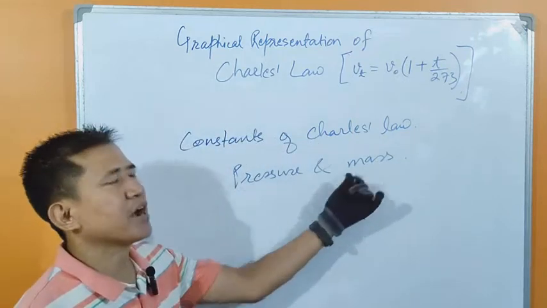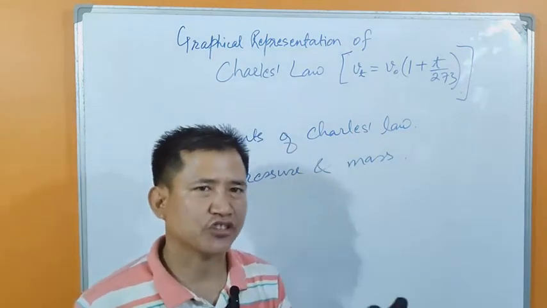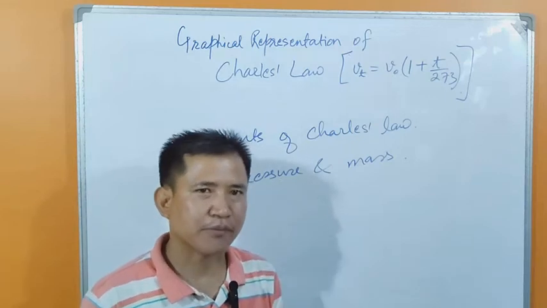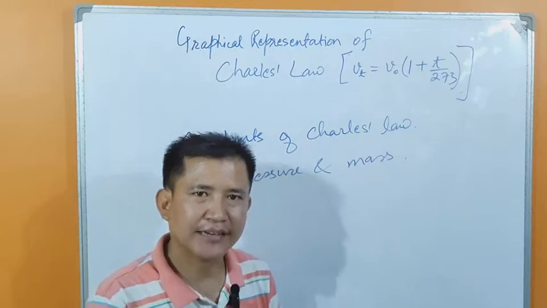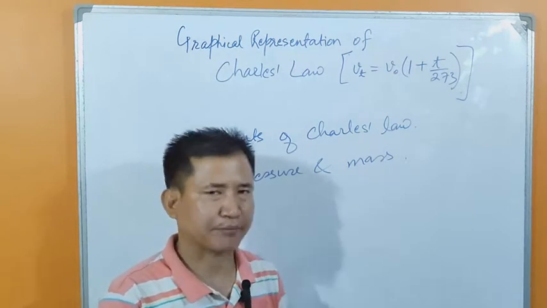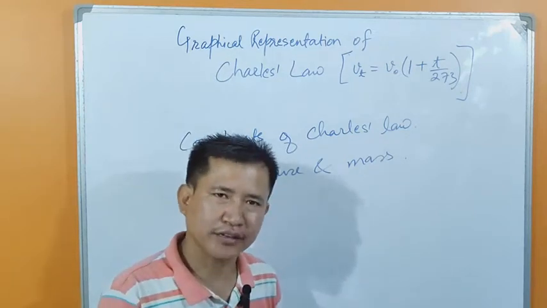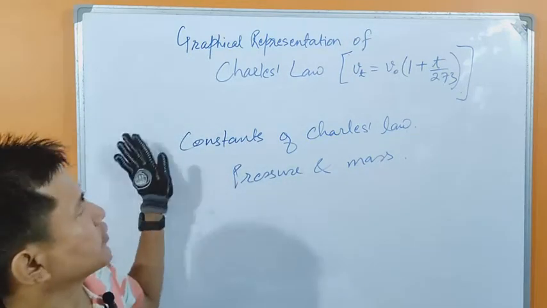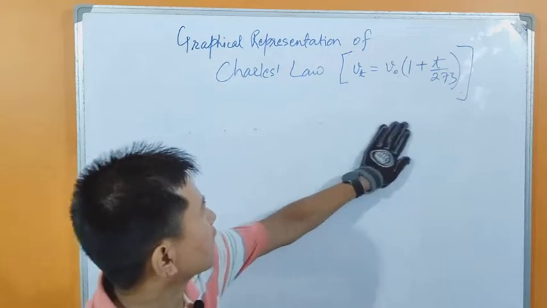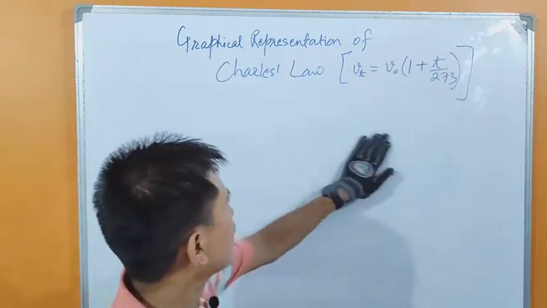Pressure of the gas and mass of the gas are kept constant in Charles' law. Please remember, in Charles' law, pressure is kept constant and mass is also kept constant. You must remember this. Okay, now let us begin with the graphical representation of Charles' law.